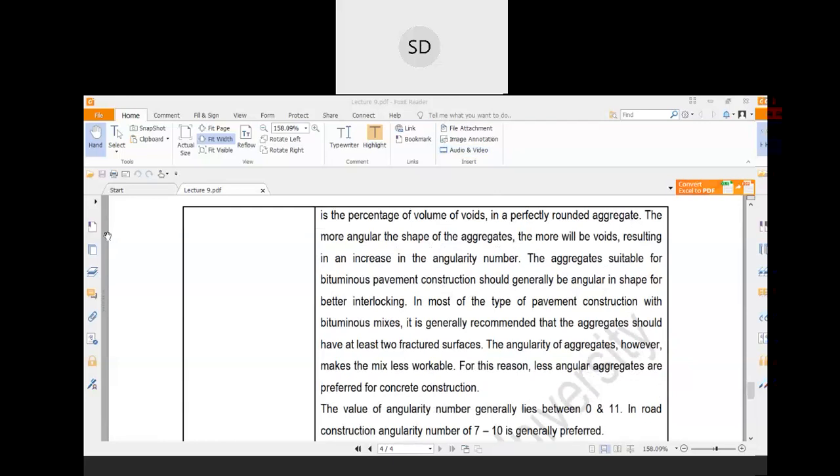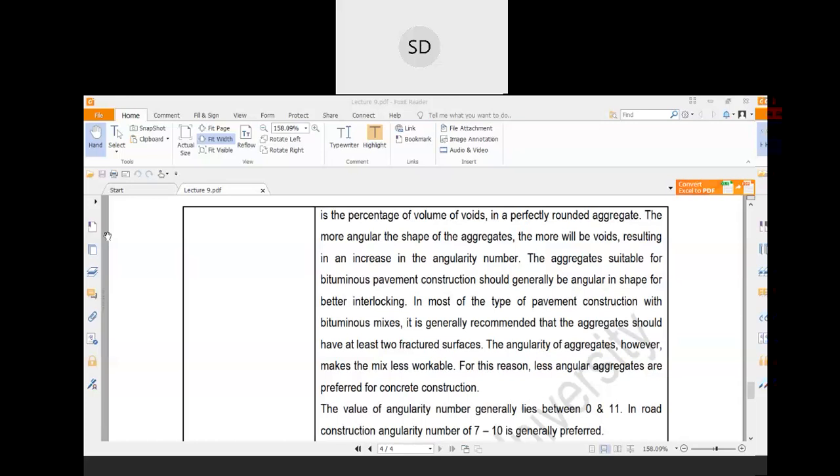Now, the thing is, if the aggregates are more rounded, in that case, there will be more voids, resulting in the increase of the angularity number. So the aggregates suitable for bituminous pavement construction should generally be angular in shape for better interlocking. So you know about the interlocking properties.